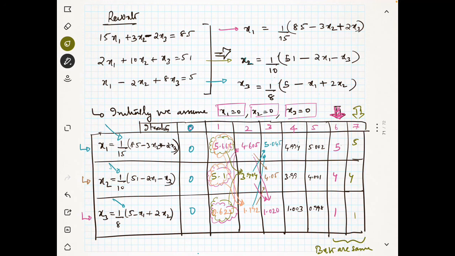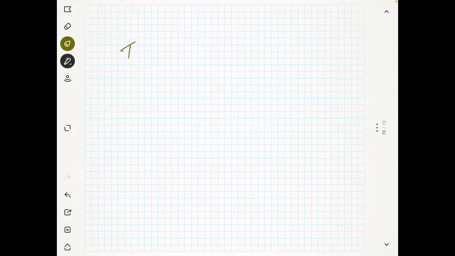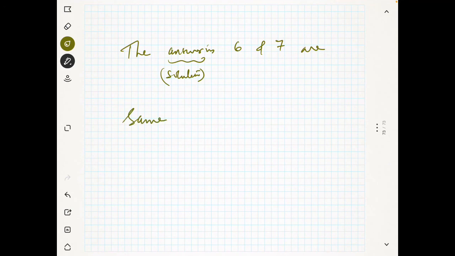Maybe sometimes it will converge in the fourth iteration, sometimes in the fifth iteration, but you see here the answers in 6 and 7, that means the solution, 6 and 7 are same.